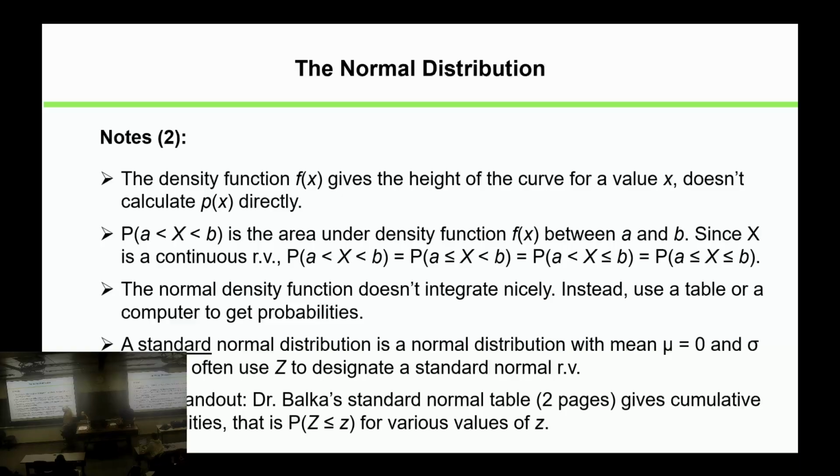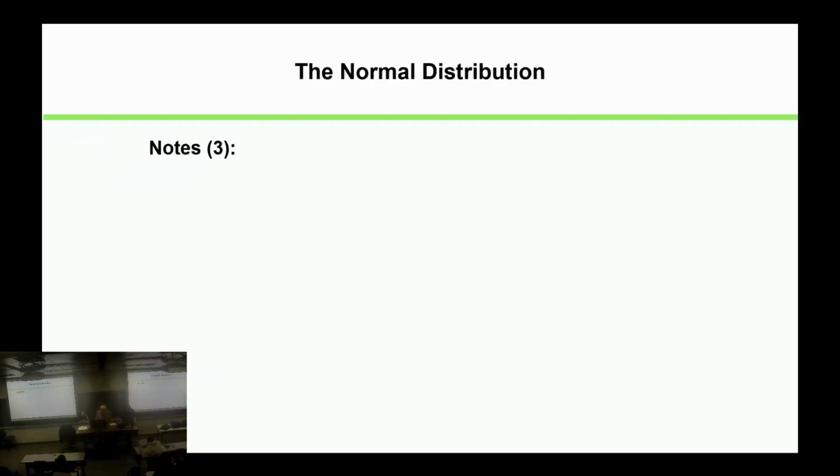What they do is give cumulative probabilities, the probability that the random variable Z is less than or equal to some particular value of little z, for various values of z. So let's do a few values here.